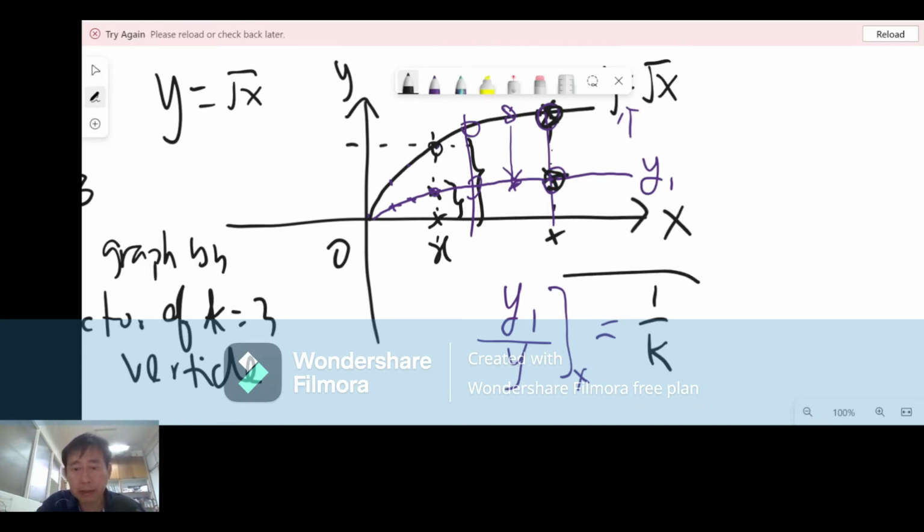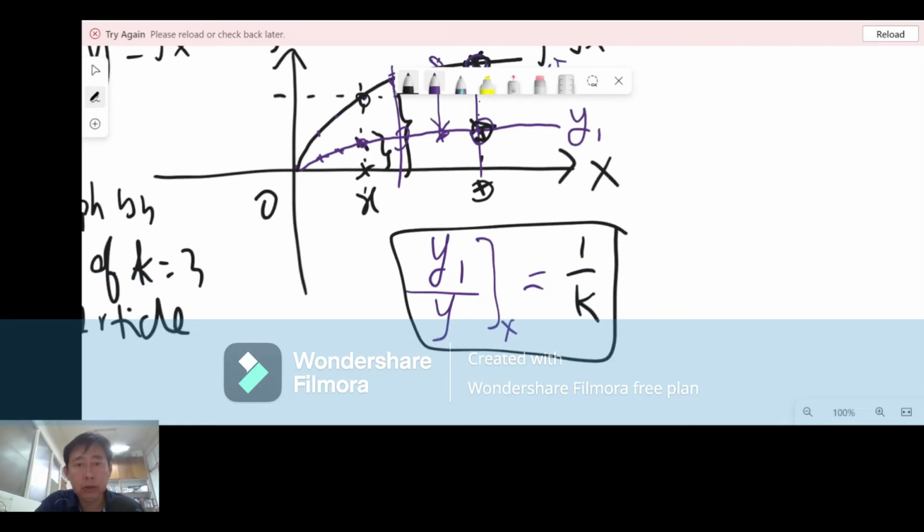So that is the mathematical relationship that relates the values of y and y1 on the same values of x. So that is the mathematical relationship that allows us to then obtain the relationship between the compressed function along the vertical direction to the original function, which is y over k.